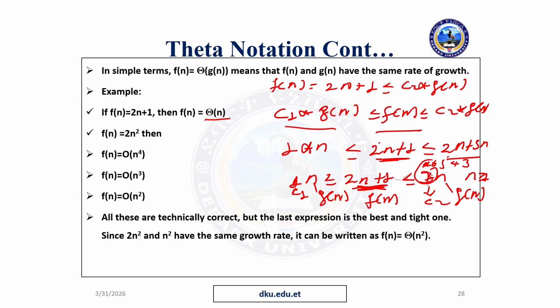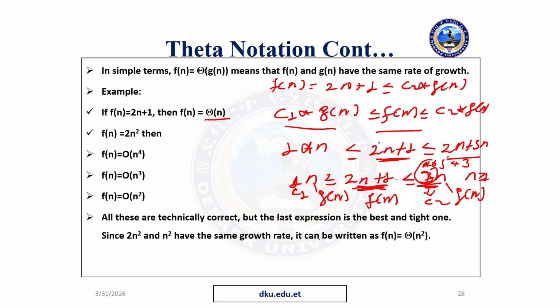So we can make it 3n, which is the value of c2 times g of n. Here we will put the largest function of f of n.